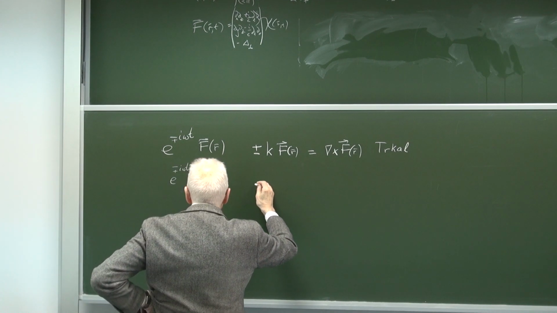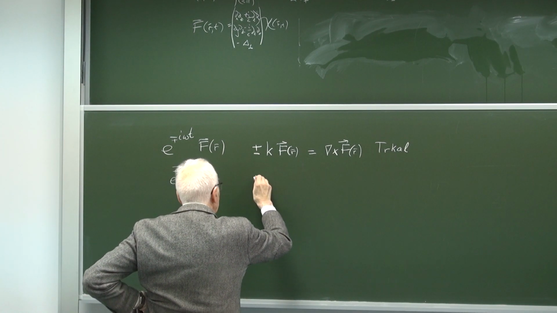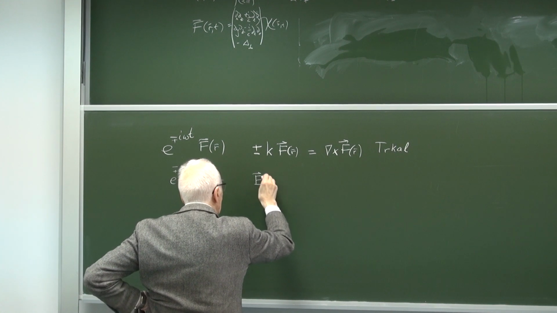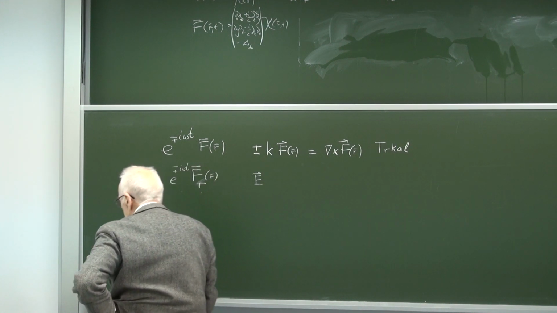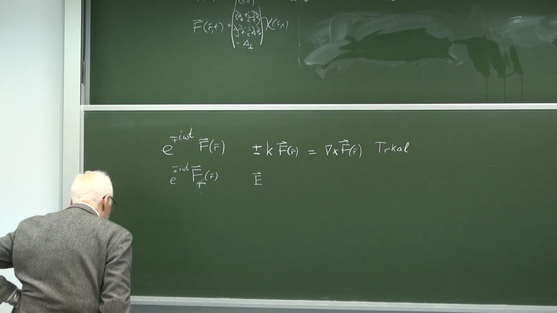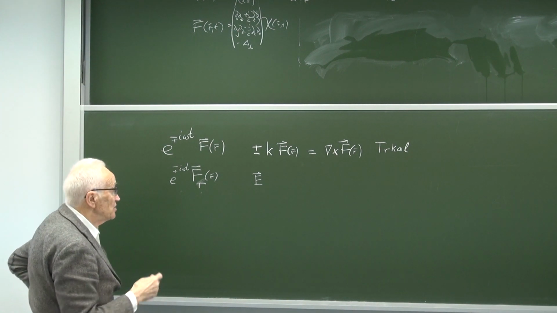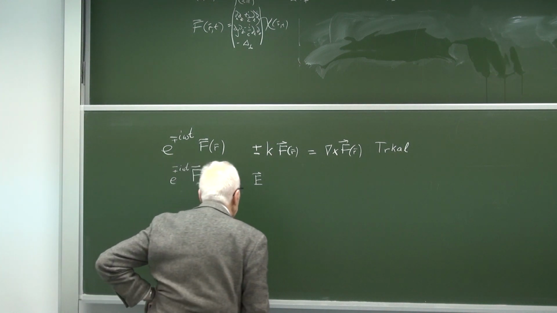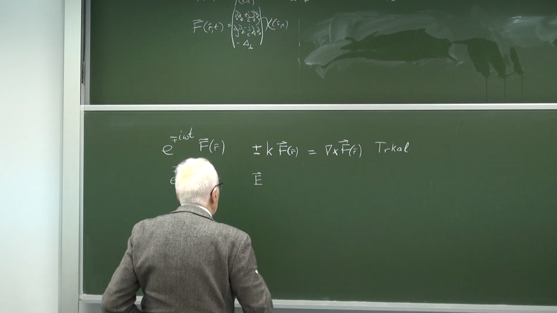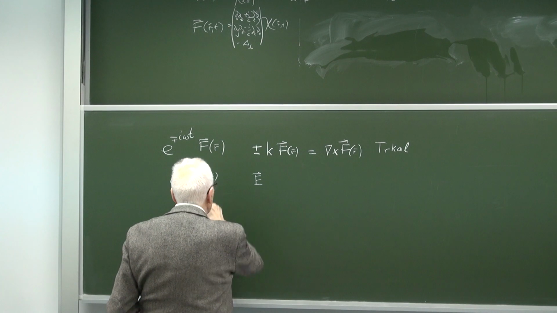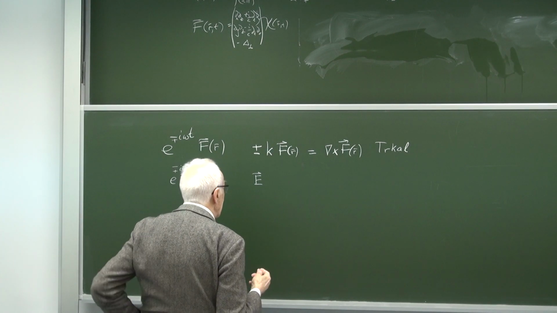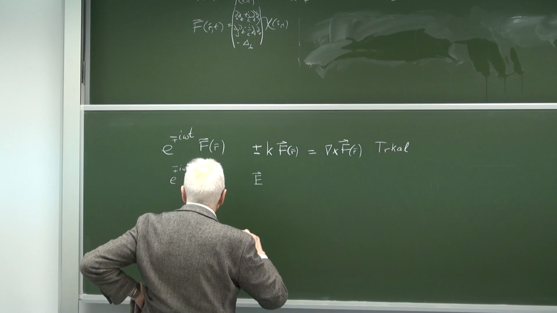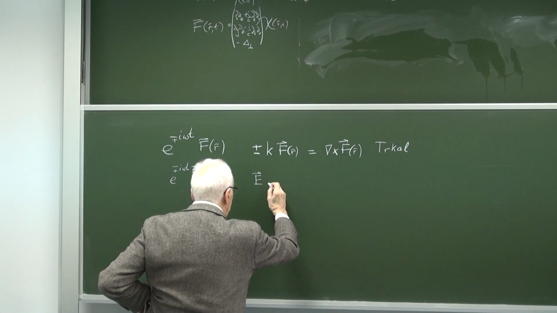The real part will be the electric field. I now talk about the vacuum, so I will not distinguish between E, B and D, H. I will just use E and B here, even though in the definition of F I introduced D and B. This will be now E. So E is the real part.